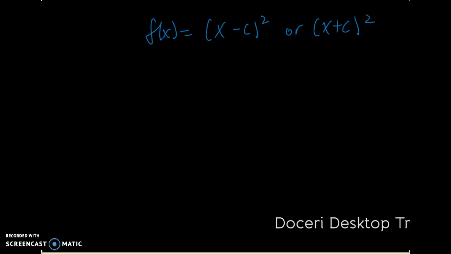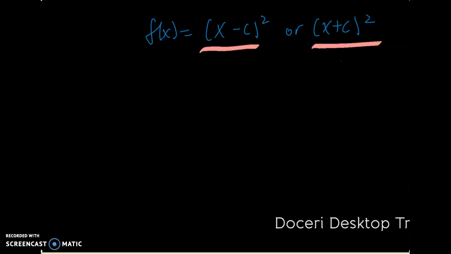So our job is to factor it in a way that we have this, right? You can definitely have a constant on the outside, which is totally fine. That just means it's a vertical translation. But our job is to make it look like this, all right?